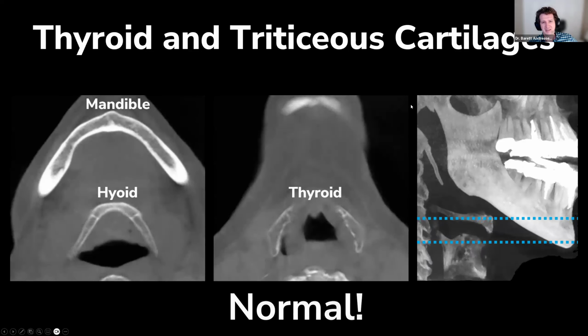On our CBCT scans, it's very important to know this anatomy because there are some entities that we'll talk about in just a second that might pop up here. But the primary thing that you want to know is the relationship between the hyoid and the thyroid. So if we take some axial slices of the neck here, we're at the level of the hyoid, and you can see a little bit of the anterior mandible in this slice as well. If you go directly inferior to the hyoid bone, so literally just scroll down, you're going to hit the thyroid.